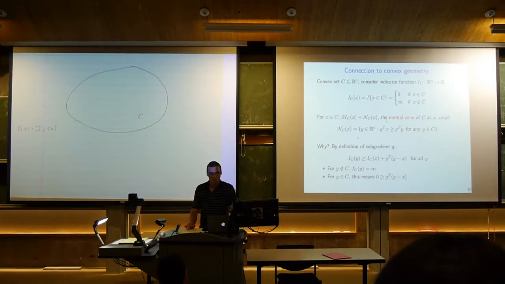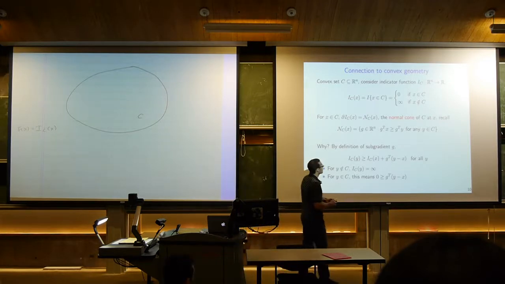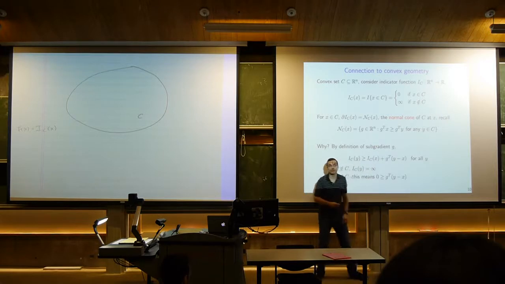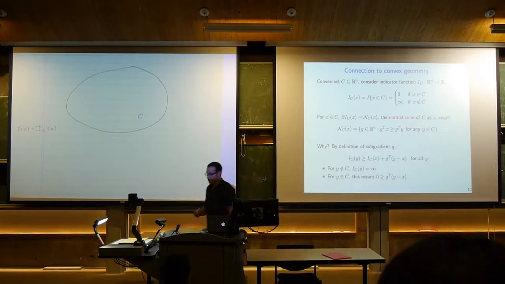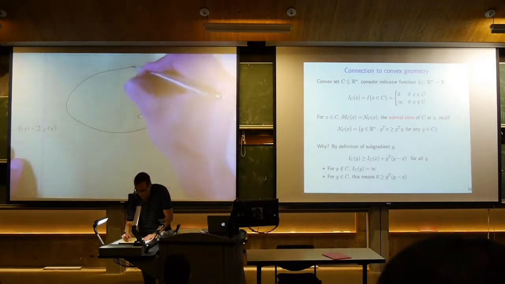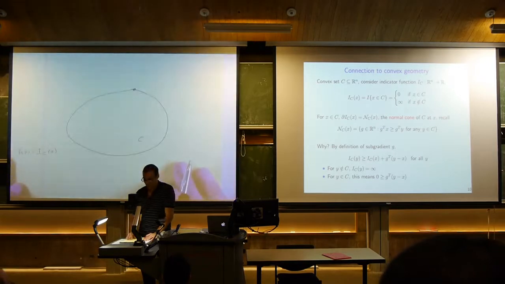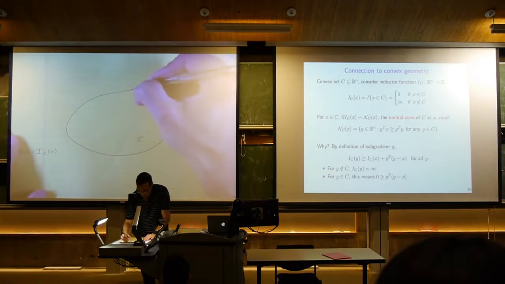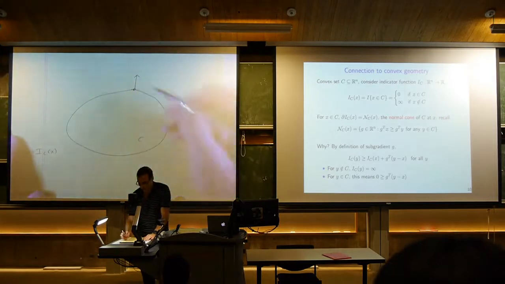of this set C at the point x. So set of all vectors g whose inner product over the whole set C is biggest at x. And if you think about this visually, if I take this point x and I ask what are the subgradients of this function at this point, then it's just the normal cone. It's all vectors that start at 0 and move in this direction.